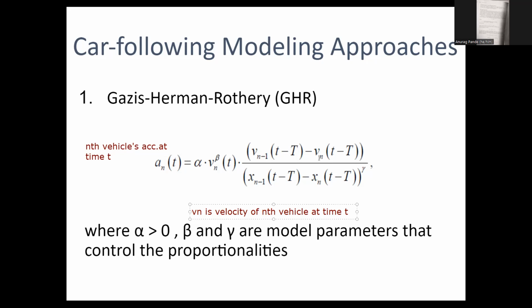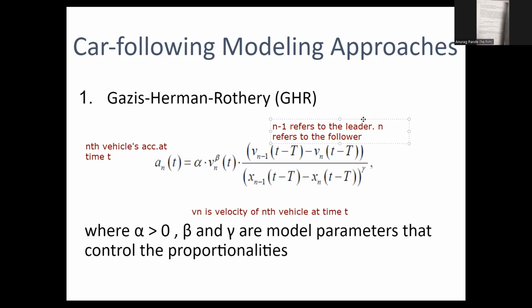V_(n-1) is the leader. n minus 1 would always be the vehicle that just passed this location a little bit ago. So n minus 1 refers to the leader, and n refers to the follower.